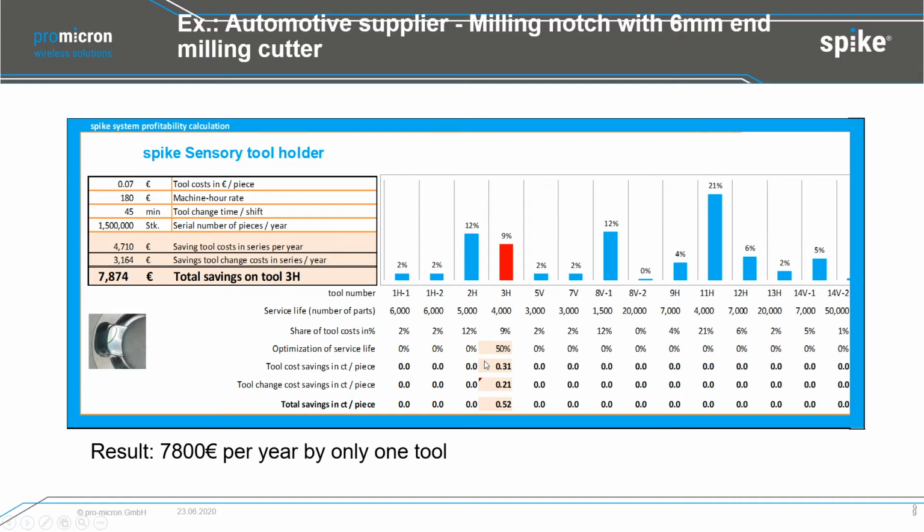And now he increased the tool lifetime by 50%. So he reduced his cost per piece, cost per part. And if we do an amortization calculation, he was able to save 7,874 euros just on this tool by these optimization steps which we have done.